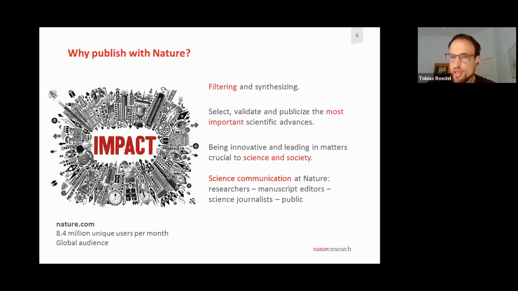So yes, there is subjectivity in selecting these papers, and that's why I want to talk about the editorial process a little more later on. One point I would like to emphasize is that Nature is not only a journal publishing scientific manuscripts, so papers, but we also have scientific journalists working on topics which are more broadly related to research.